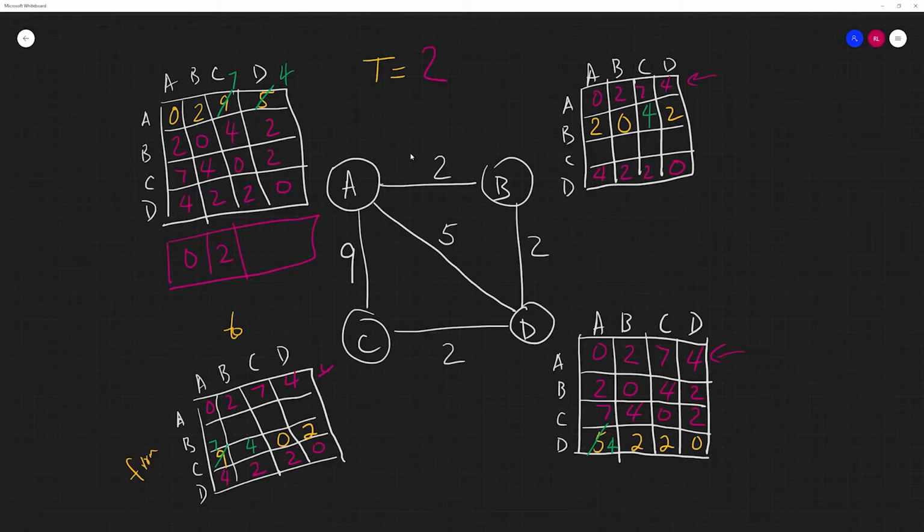The cost to get, if I send it to B, it's gonna cost me 4, and only cost me 2 to send it to B. Okay, so that'll be 6. And if I send it to D, it's gonna cost me 2, and it cost me 4 to send it to D. So either way is fine.